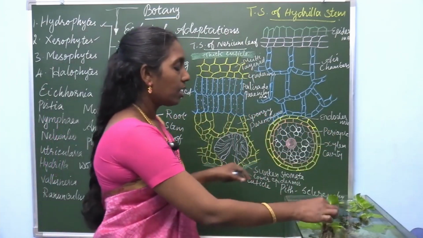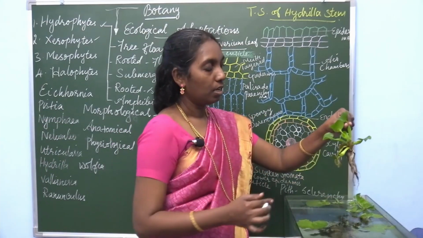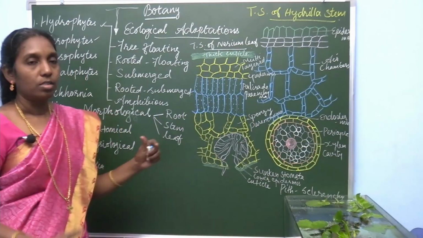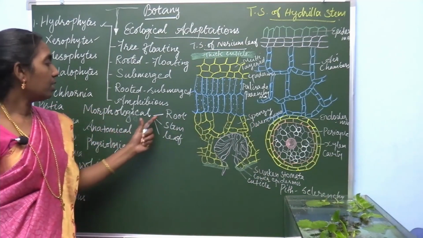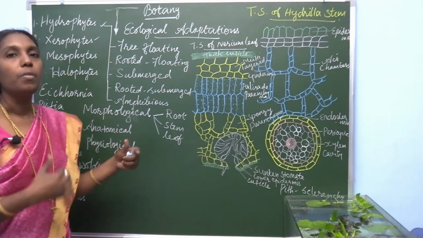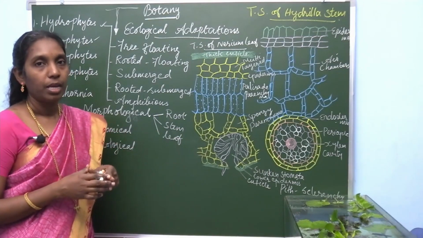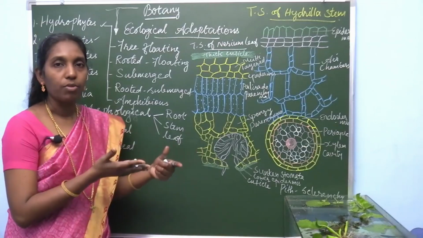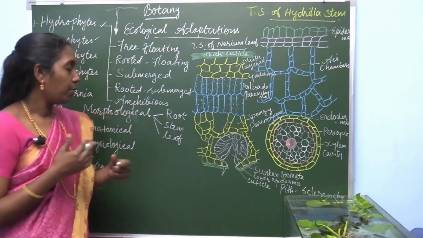Then there are thick and leathery leaves in Eichhornia. So different structures are seen in the root, stem and leaf. These modifications are morphological adaptations. These structures help the plant to survive well within its habitat.